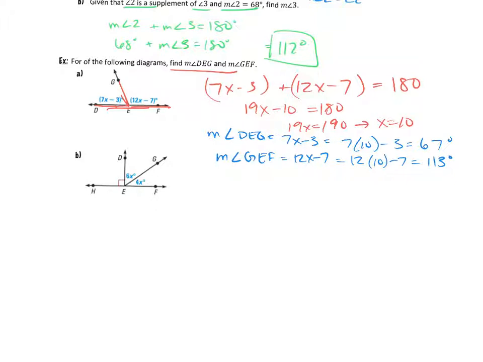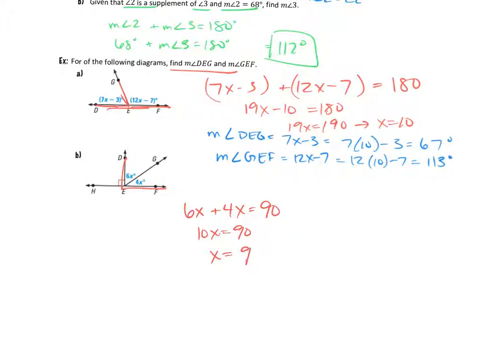In our next example, we have two complementary angles, so they add up to 90 degrees. Again, we have to solve for x first. I know that 6x plus 4x equals 90. So 10x is 90, or x equals 9.